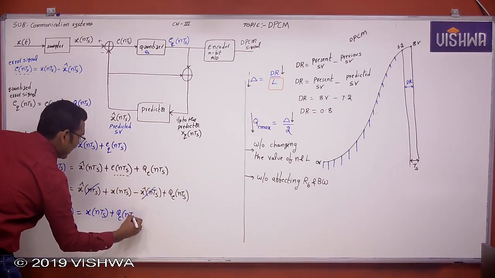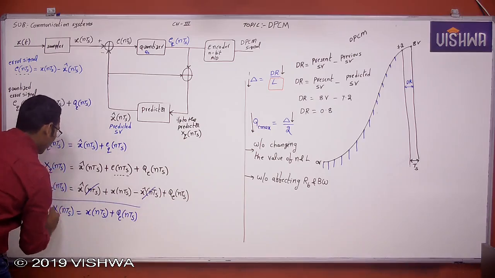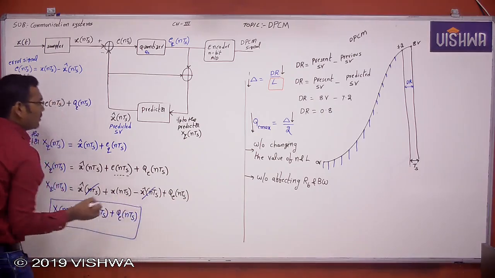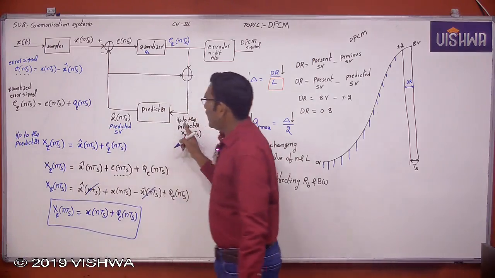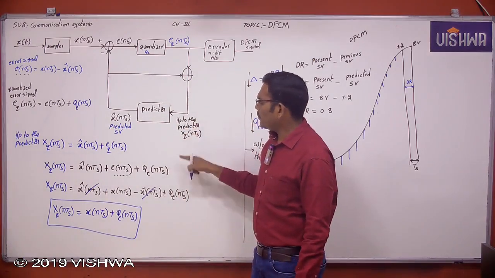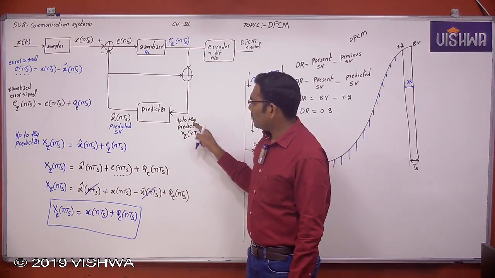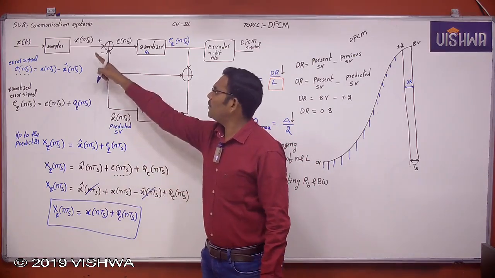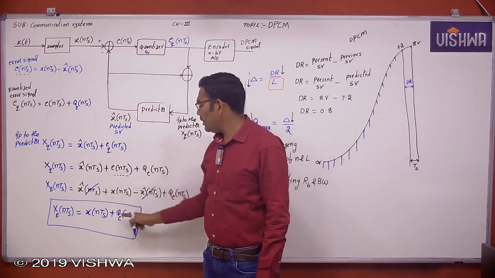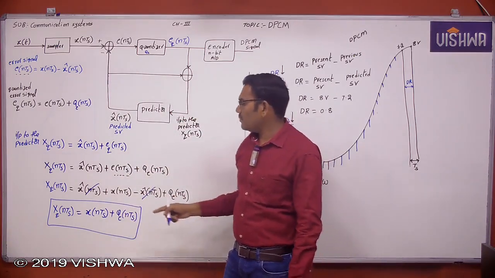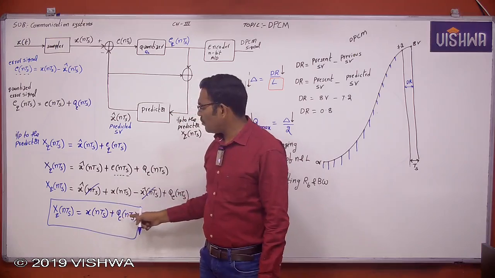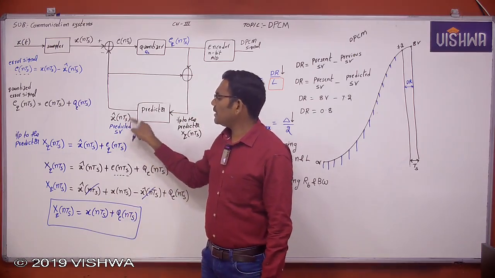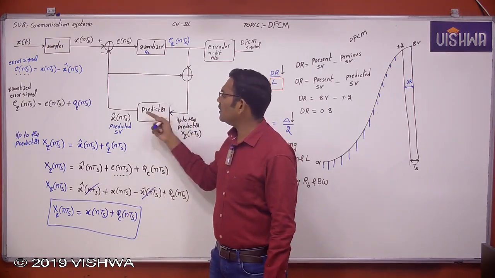So this is actually the input to the predictor. The input to the prediction filter, xq of nTs, is the original sample value with some quantization error, which is applied to the predictor, and this is the sample value.